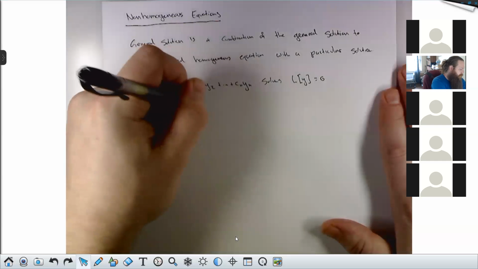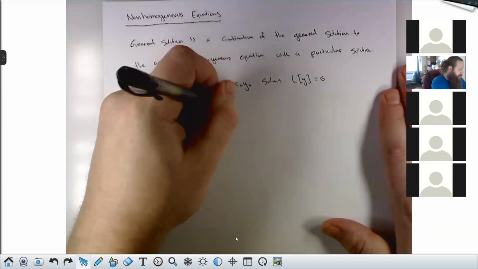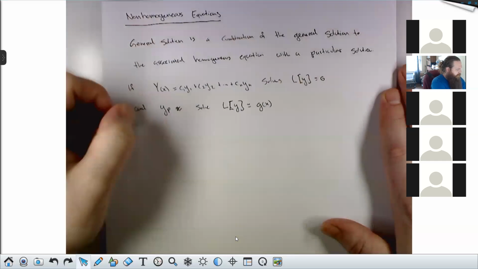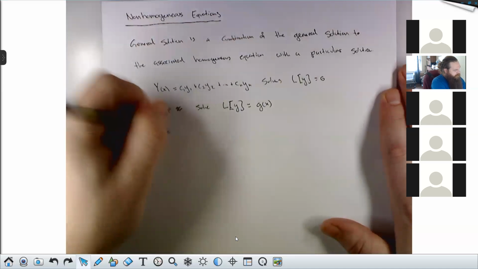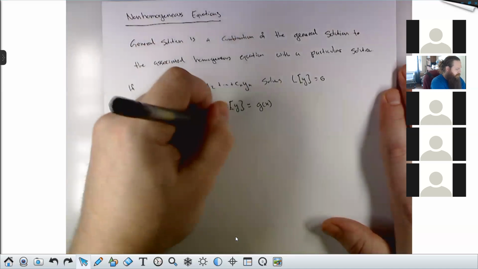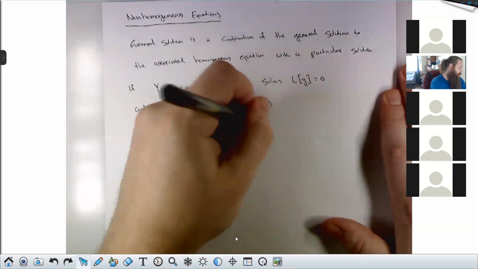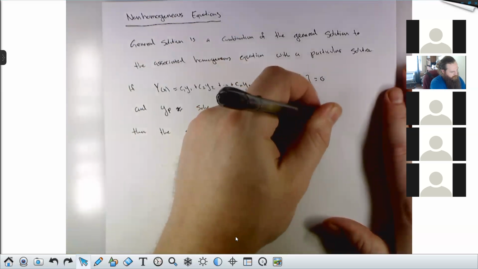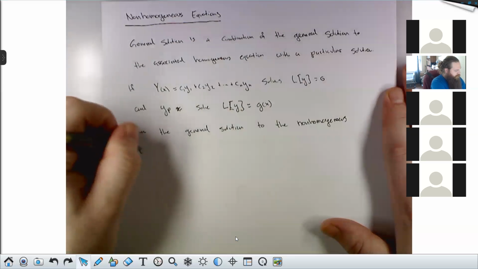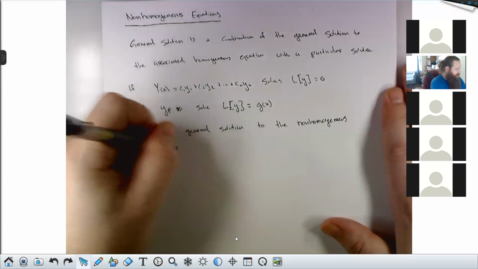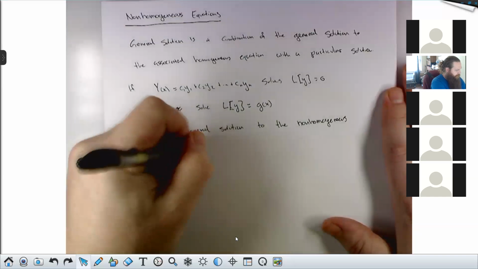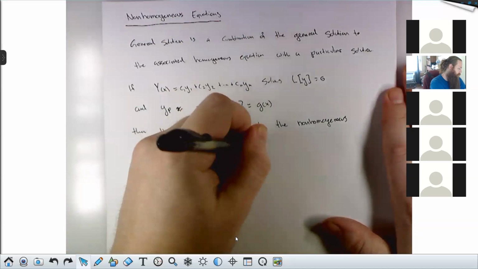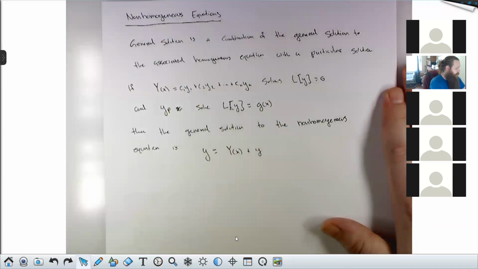Little yp solves L applied to y equals g of x, then the general solution to the non-homogeneous equation is what you get when you add these two up, plus yp.